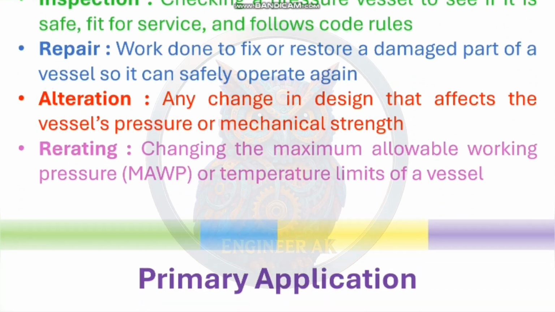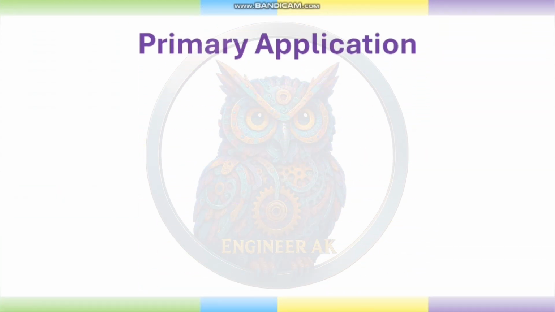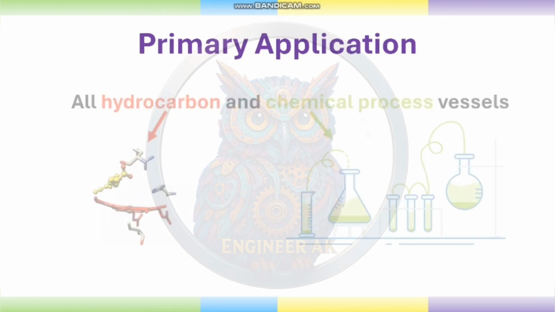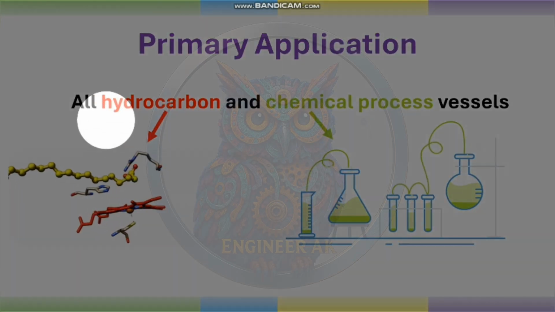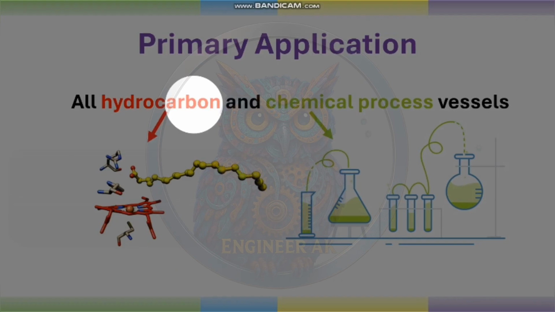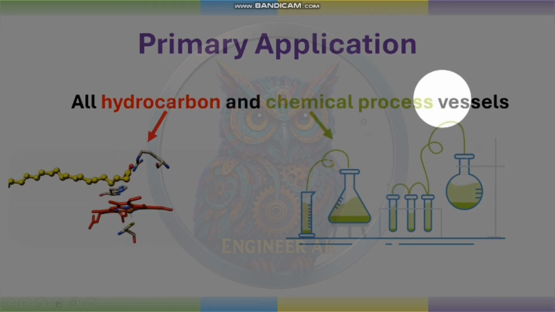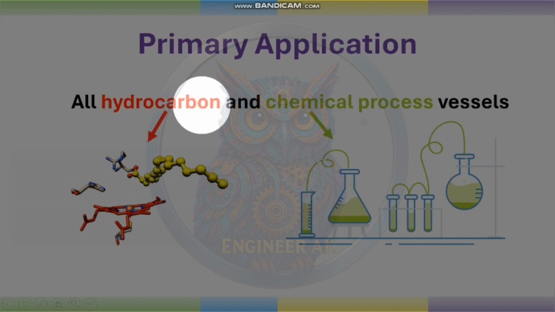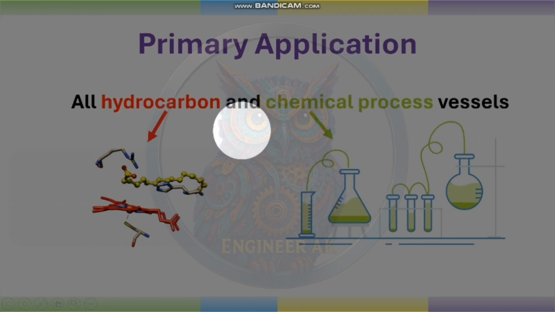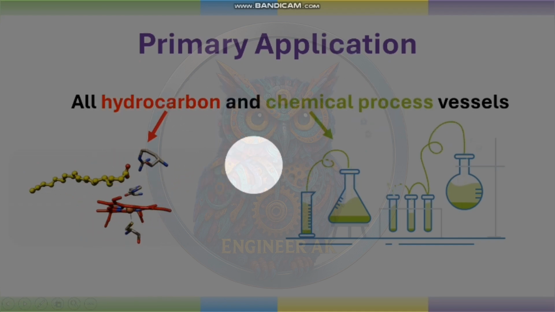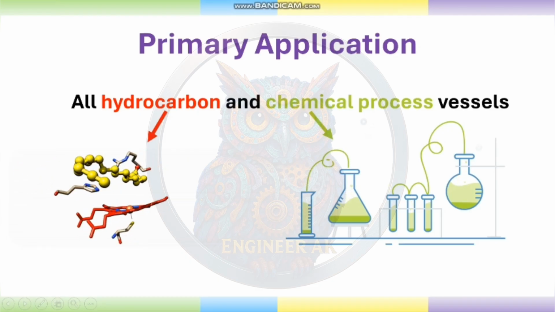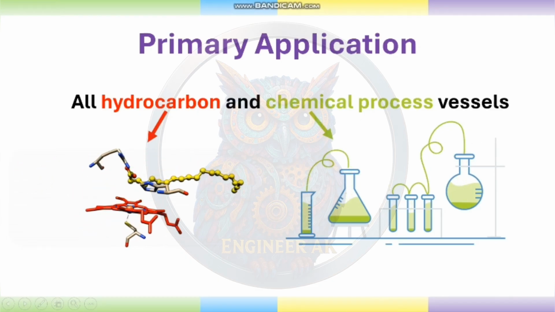Now moving further, which vessels does this code basically focus on as primary applications? There are two types of vessel: hydrocarbon, in which we talk about the compounds of carbon and hydrogen, and chemical process vessel. These are the two kinds of vessel that this code basically covers, or we can say the primary application.